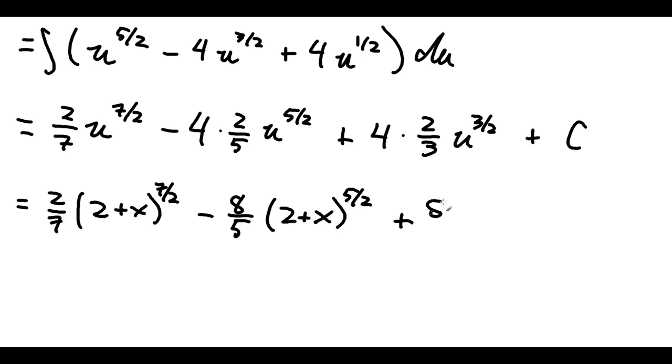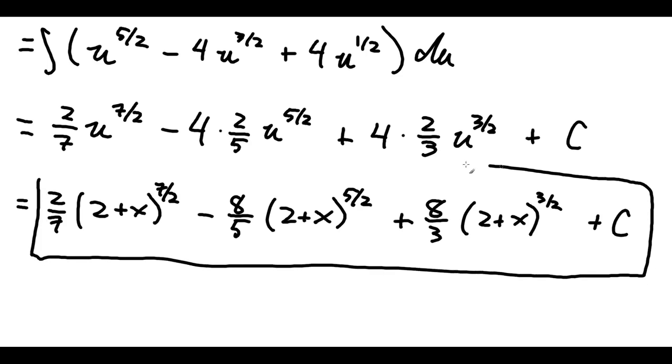Plus, and that looks like 8/3 times 2 plus x to the 3 halves power plus a constant. And I'm just glancing at my notes to see if that came out correctly, and yes, that looks good. There we are. It's a little bit ugly, but if we did everything correctly, it should work.